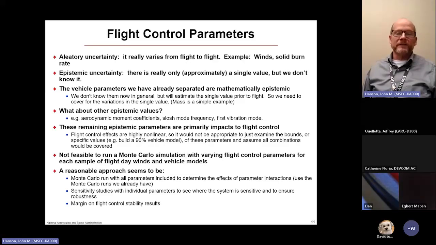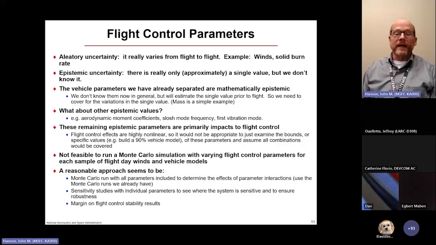So, for example, if we are building rockets that are all pretty much the same in terms of their dimensions and their shapes, then there's an aerodynamic axial coefficient, drag coefficient. It's going to be pretty much one value, but we have uncertainty in what that is. The vehicle models, the vehicle parameters that we separate and we build the vehicle models from, those are mathematically epistemic in the sense that there is a value of these things.